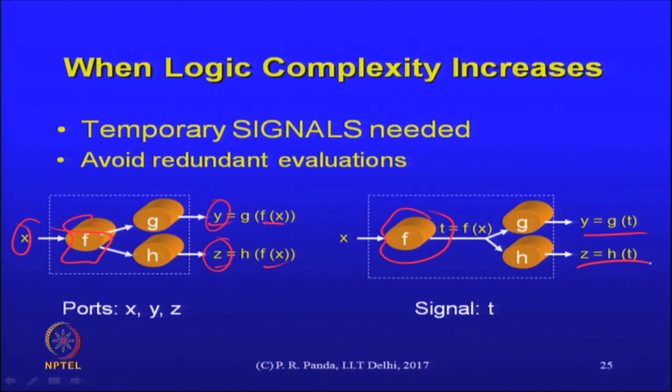If that expression is complex, then it makes sense to do this. Okay, so that is the introduction of a signal. This is a new syntactical structure beyond the ports that are there. So, you see that signal corresponds to something that is internal to the module, ports correspond to the external interfaces. Okay. So, this signal is useful only for the internal computation, the outside world does not get to see the t at all. That is how we would like to structure this.